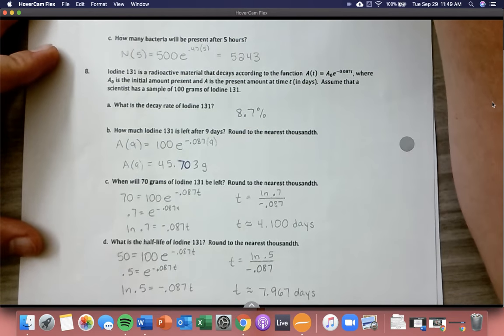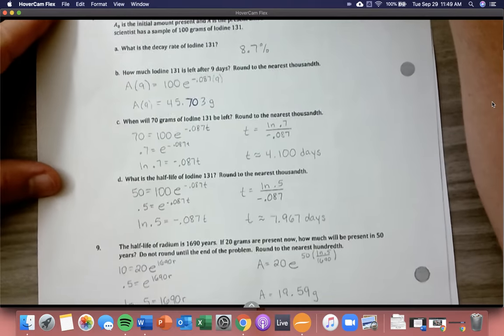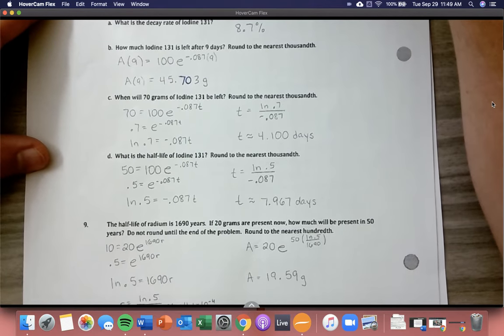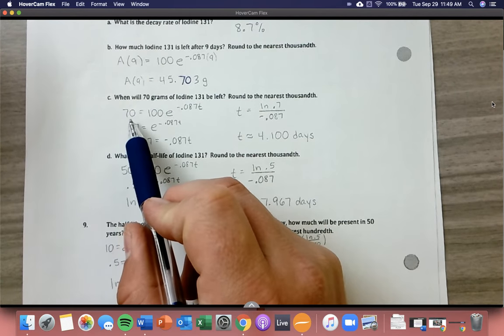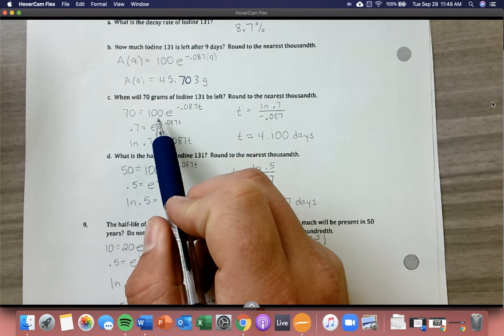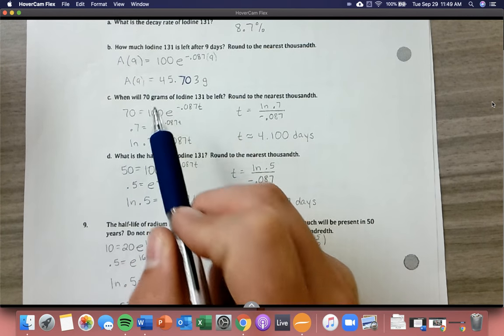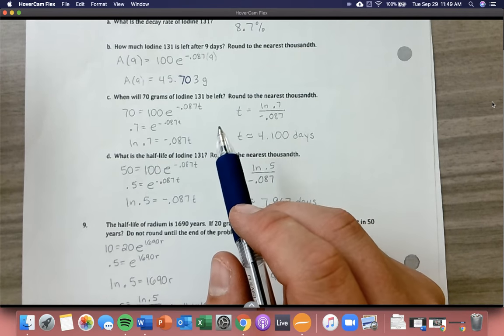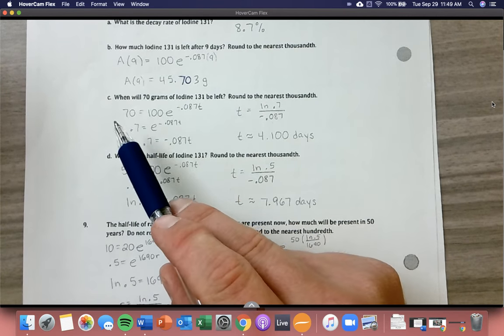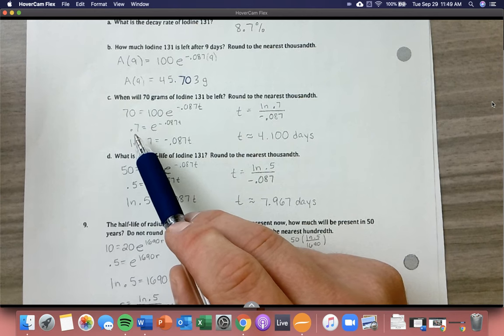Right, so what about C? When will 70 grams of iodine-131 be left? Round to the nearest thousandth. So this time it's giving us the amount, the after amount, 70. And we still have the initial, which is 100. And the rate didn't change at all. It's still negative 0.087. So we can divide this 100 over. 70 divided by 100 is 0.7.